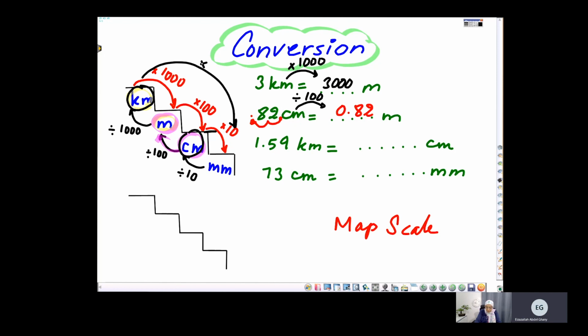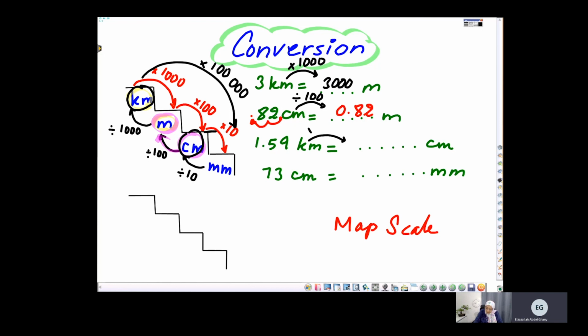So you have to multiply by how many zeros? 5 zeros. Remember me, 5 zeros. Why? Because you are multiplying 1,000 having 3 zeros by 100, which is having 2 zeros. So you will multiply your number by 100,000.